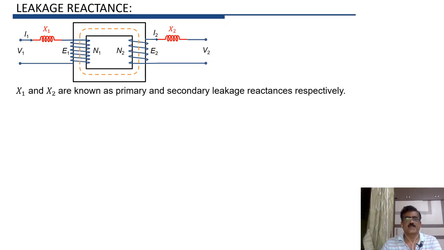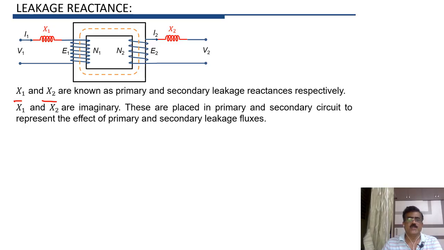Here X1 is called the leakage reactance of primary, and X2 is called the leakage reactance of secondary. You have to note that X1 and X2 are imaginary, and these two terms are used only to represent the effect of primary and secondary leakage fluxes.